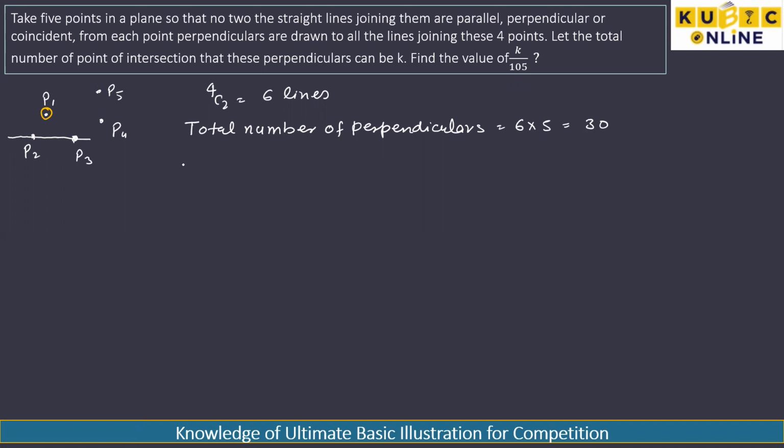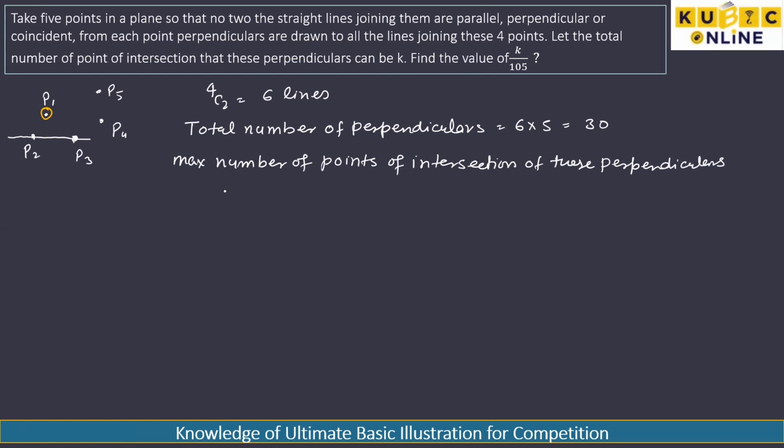So now we have to find the maximum number of points of intersection of these perpendiculars, that is 30C2.